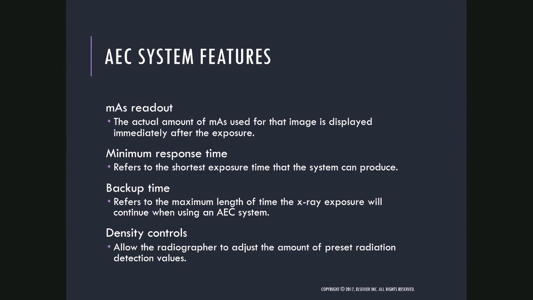I can use that information when I go to turn them to do their obliques. If my AEC shoots out and says I used 85 kVp at 20 mAs, I know I did something wrong, because nobody is that much thinner when you rotate them up to the side, right? Or you can use that technique that shot out for the AP and estimate what the technique might be for an oblique.